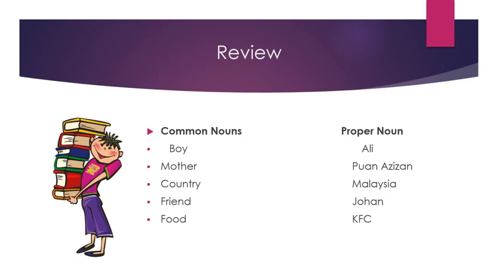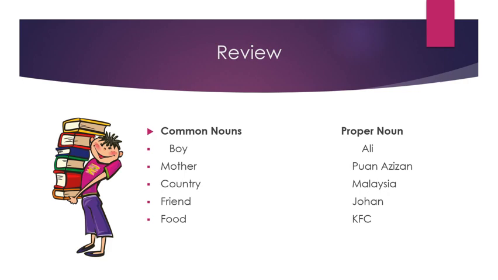Mother, common noun. Who the mother is, we need to know. If a reference to mother is made, then Puan Azizan is a proper noun. Country, common noun. A country can be any country in the world, right? So a proper noun will be more specific, which country. Here in this example we use Malaysia.